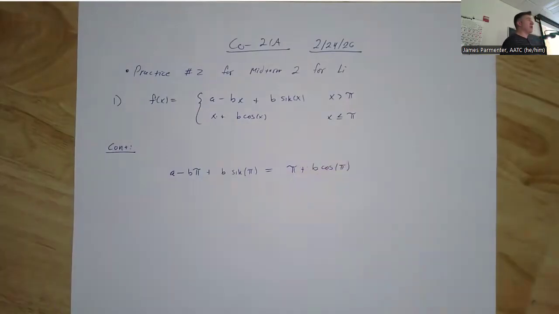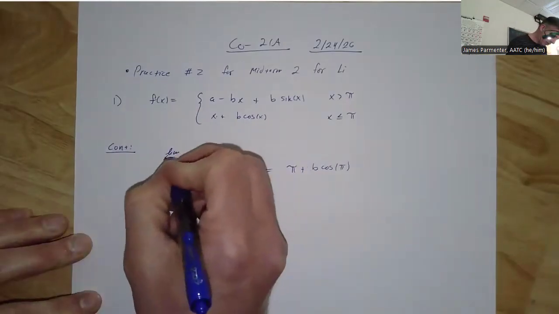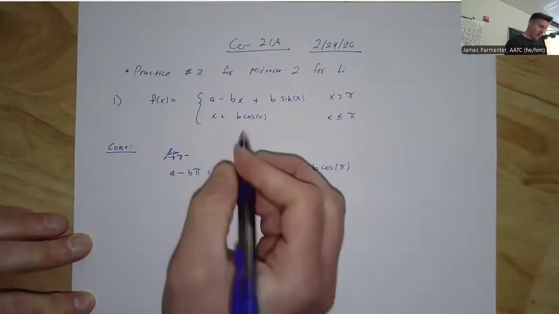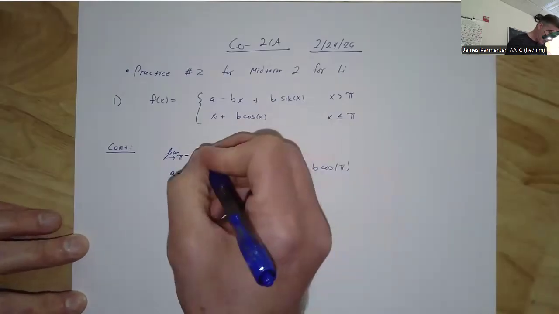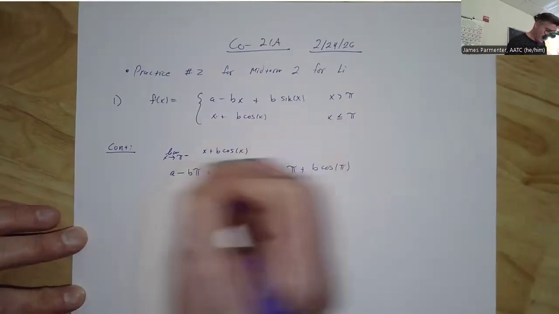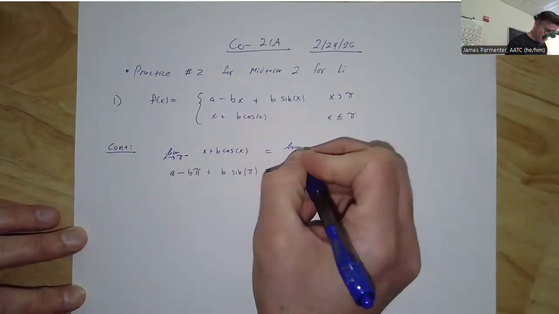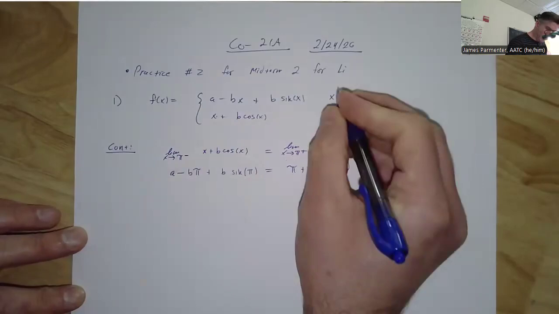Now, really, what I think you actually should be writing first is that the limit as x approaches pi from the left, using the piece we need to use, which is this bottom piece here, x plus b cosine of x, which I kind of got on the wrong side. Apologies for that. We need this left-hand limit to equal the limit as x approaches pi from the right of the right-hand piece, which is the top piece here.